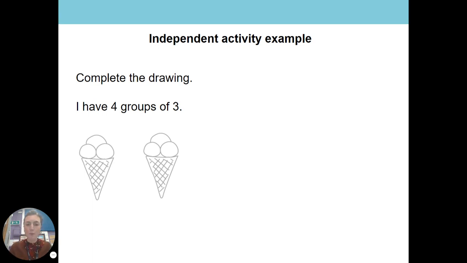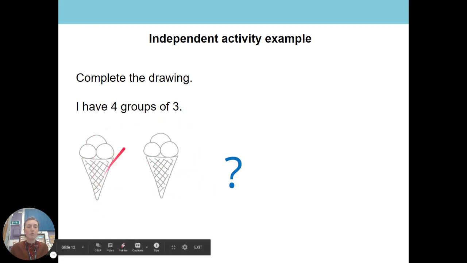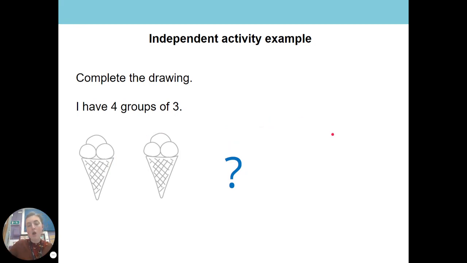Okay, everybody, I hope what you've done in your book is you have drawn 2 more ice cream cones to make me 1, 2, 3, 4 groups of 3, with 3 scoops of ice cream on top of each one. On Google Classrooms, you will find some more sentences telling you equal groups, and I want you in your books to draw the ice creams of it. There is a challenge if you finish with the ice creams, to come up with your own picture to represent groups.